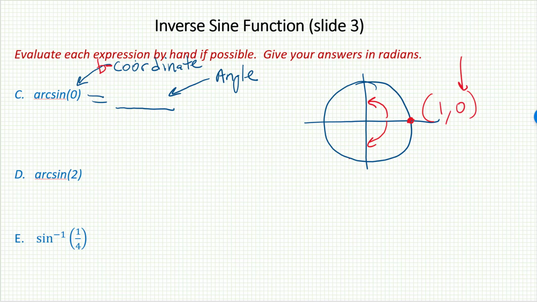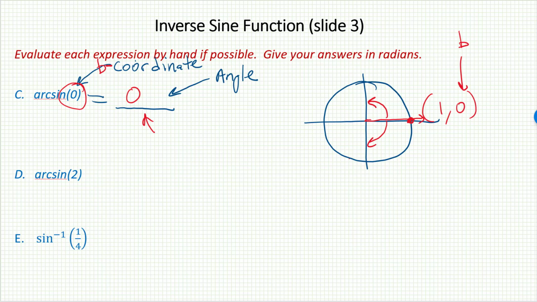There it is, a b coordinate of 0. It is the only such spot in that section of the unit circle we can look at, which means I think we've found it. What angle goes with that spot? Well, obviously it is 0 degrees, or in our case, 0 radians. Arc sine of 0 equals 0. This 0 is the coordinate. This 0 is 0 radians.